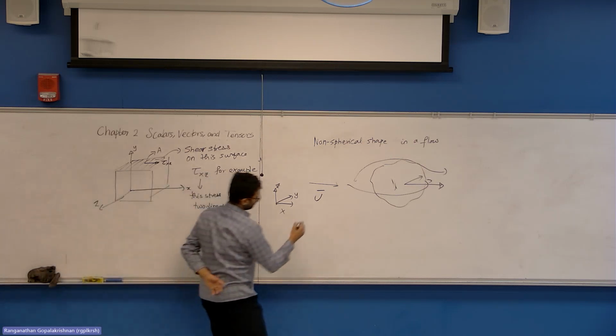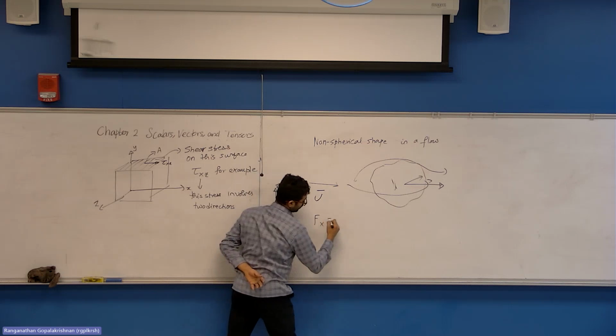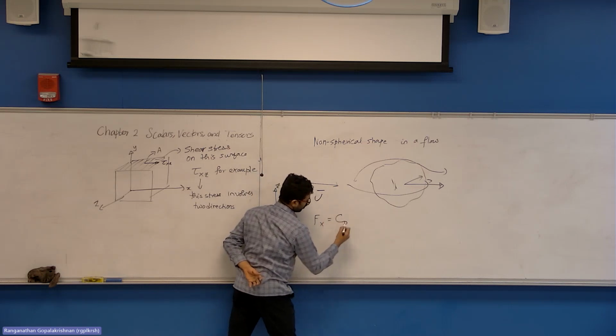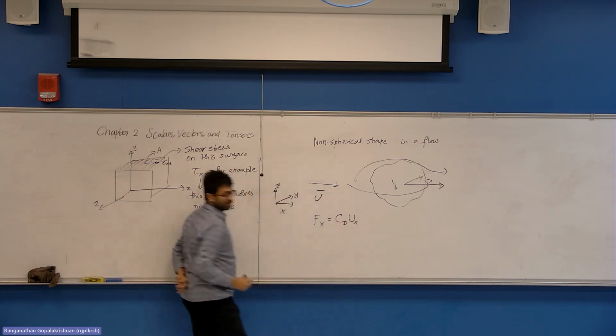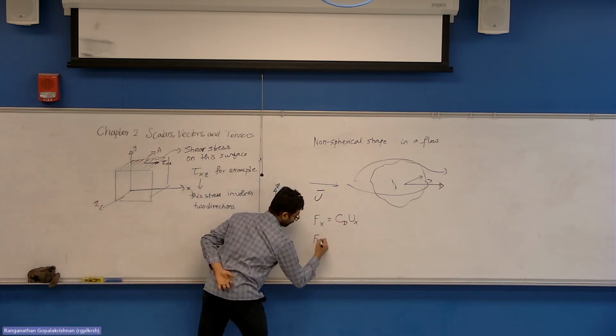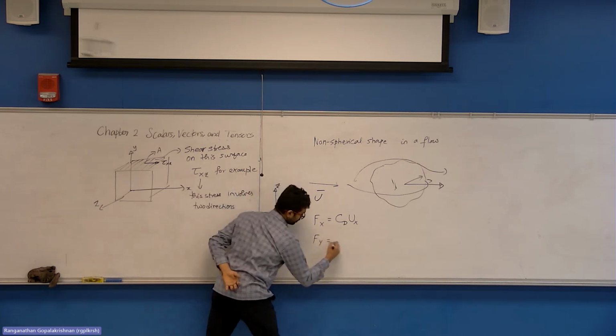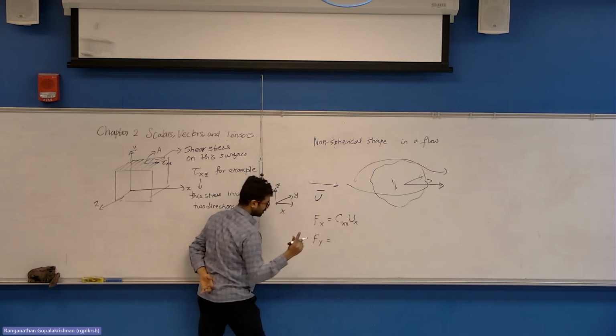So you could have a force Fx, which is equal to the drag coefficient times ux. You can also have a force along the lateral direction, and I'll call this Cxx for a reason you'll see now.